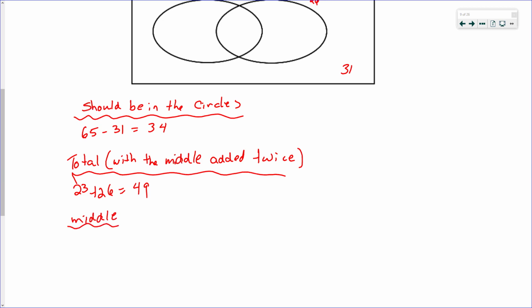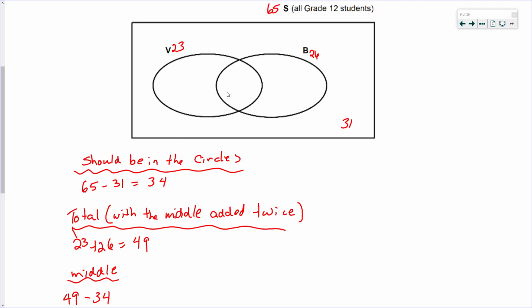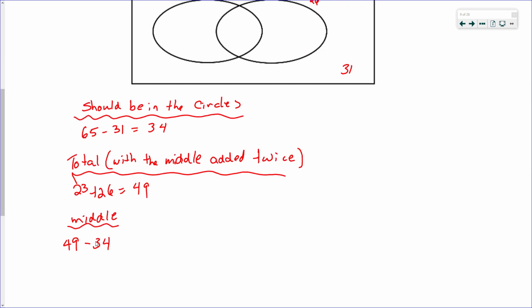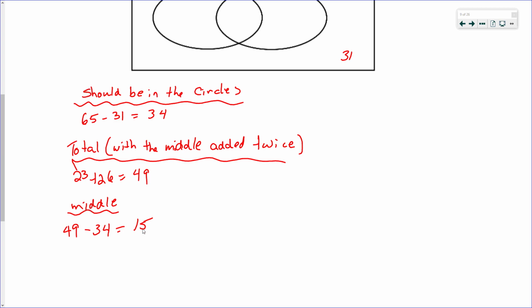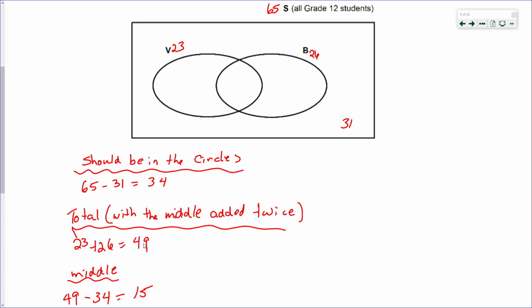I'm going to take that 49, with that overlap added twice, minus what should be there, the 34, because this 34 is what would happen if each element is only represented once. And what I'm left with is 15. That 15 is the extra overlap that I accidentally included in this step up here, which means my overlap is just 15. So the middle of my circle is 15.